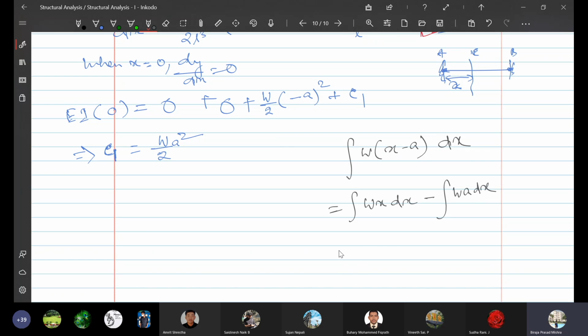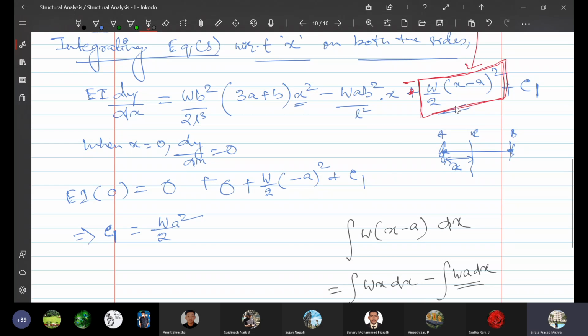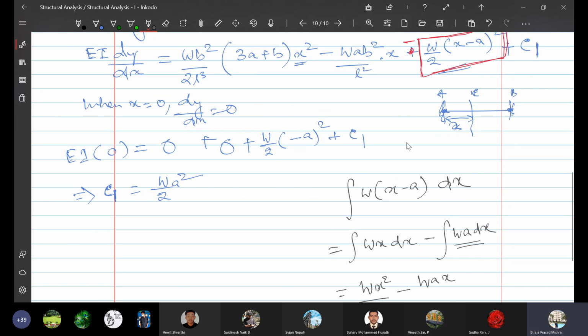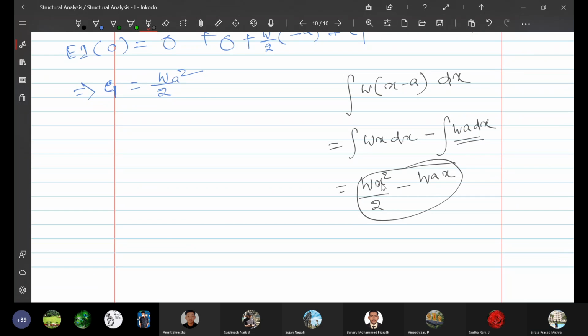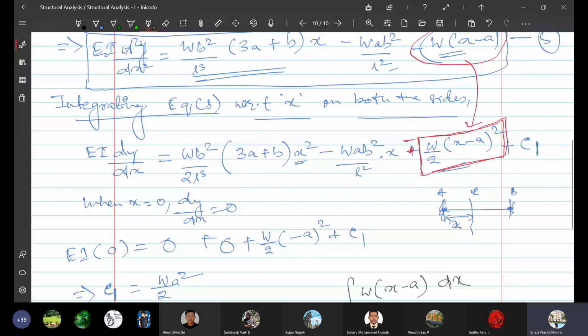So this is Wx square by 2. Then what about this one? This is Wa into x, right? So it is not this one. Even if you open this bracket, this value is not going to come. That's why you have made a mistake here. So I am erasing it.